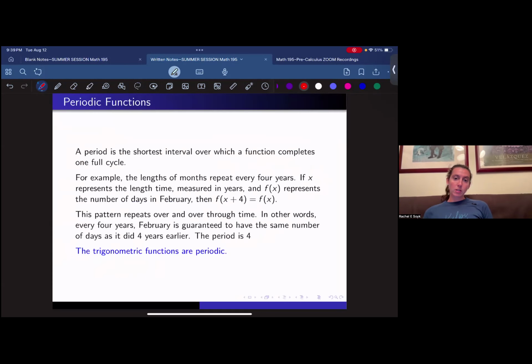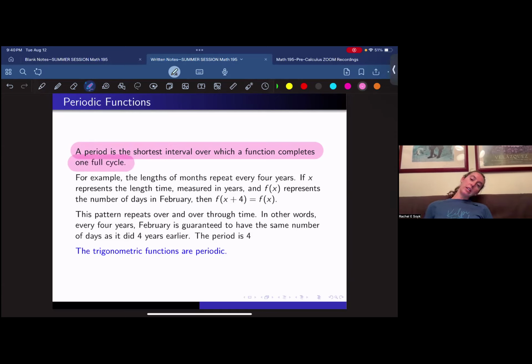Periodic functions. We'll be getting into this a lot more in chapter 8, but it's good to understand what a period is. In trigonometry, our period just represents the shortest interval over which a function completes a full cycle.